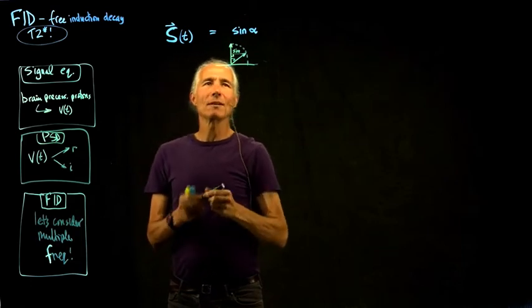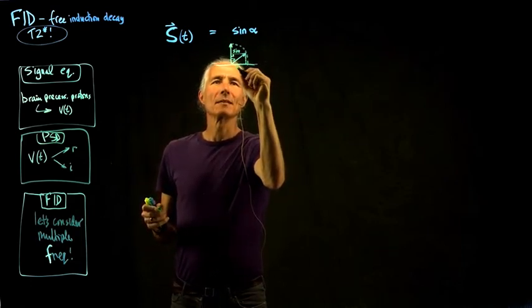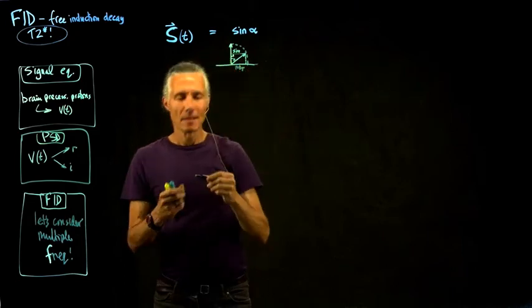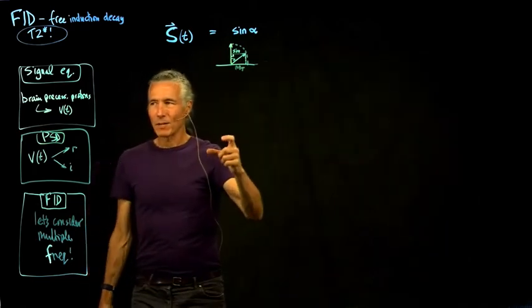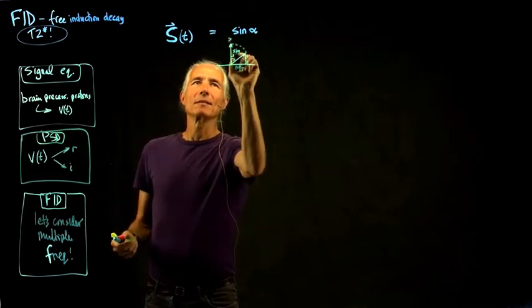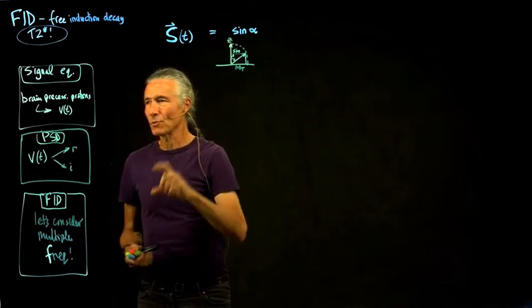It's the amount of transverse magnetization, because that's what we're interested in. Remember, you can't record the Z component. The Z component is invisible because it changes so slowly.